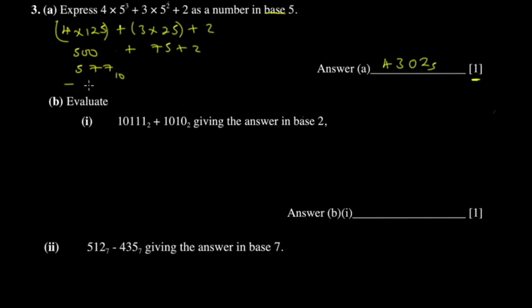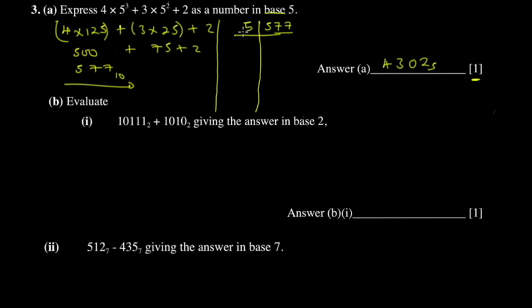This one would be in base 10, and you would have to take the extra step to convert it to base 5. So you do the repeated division, which we usually use when finding factors and in prime numbers as well.